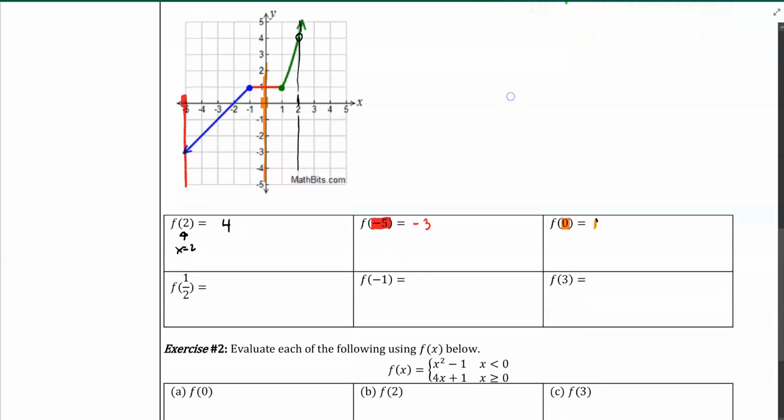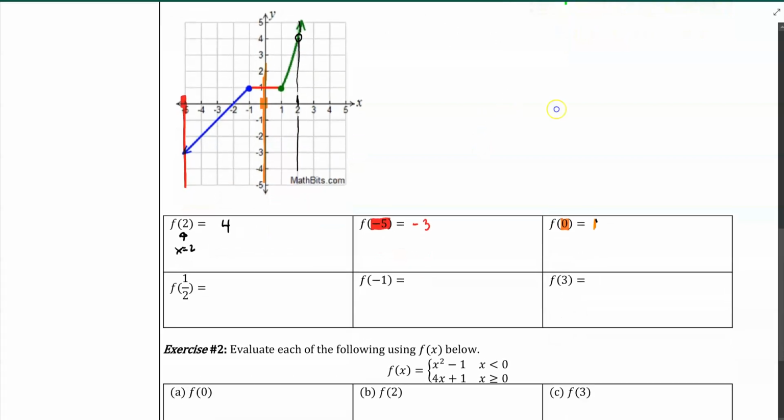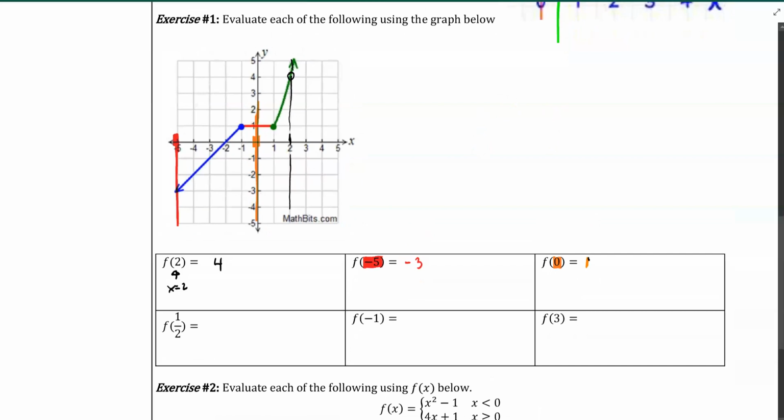And then you can do the next 3 problems the same way. So go ahead and pause, try them on your own, and then I'll give you the answer. So we have f of 1/2 will be 1. f of -1 is still 1. And f of 3 is not on the map.